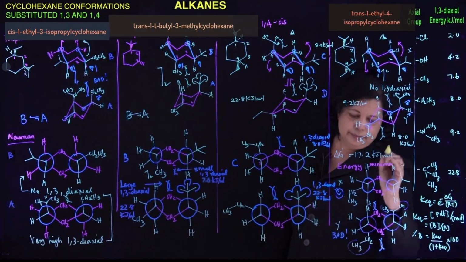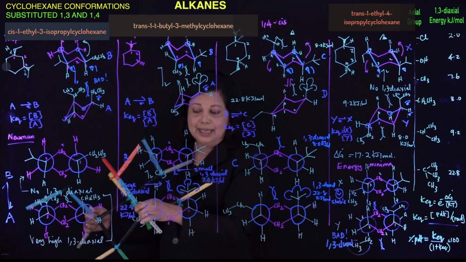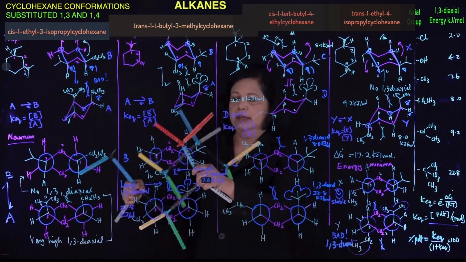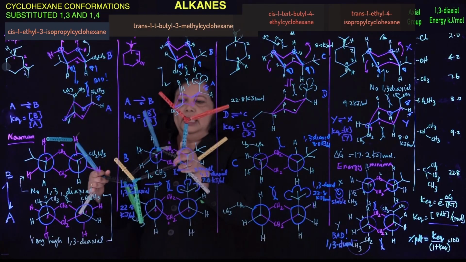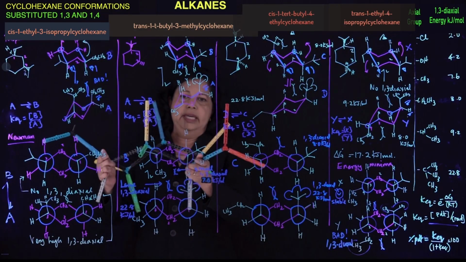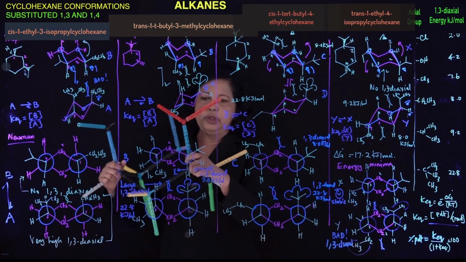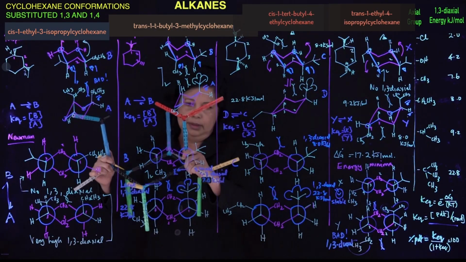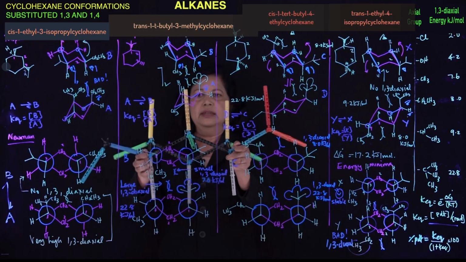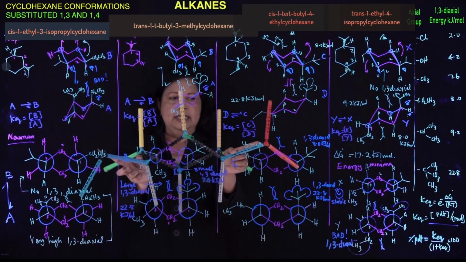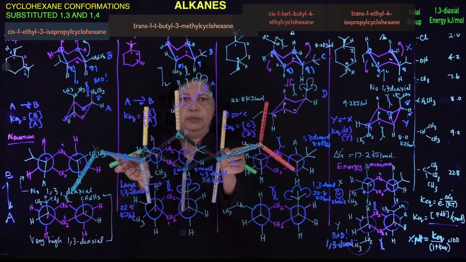So in summary, if you have substituents on a cyclohexane ring, they prefer to be equatorial. When they're axial, they have 1,3 diaxial interactions, which make them unstable. So here's the Newman projection. It is a head-on view, and you can see in the Newman projections when these are equatorial, there is no bumping.